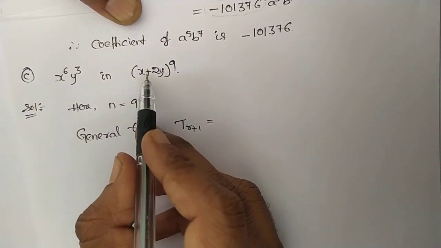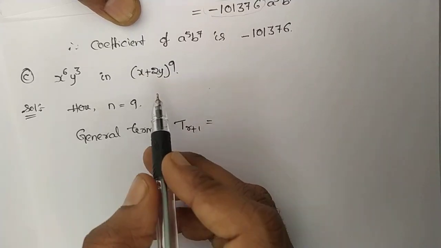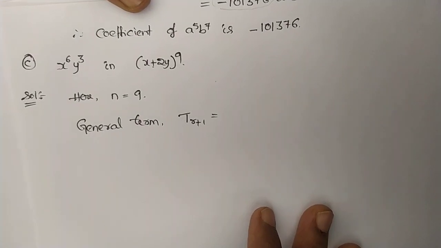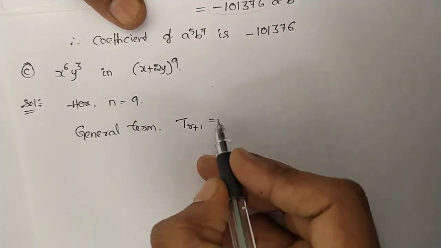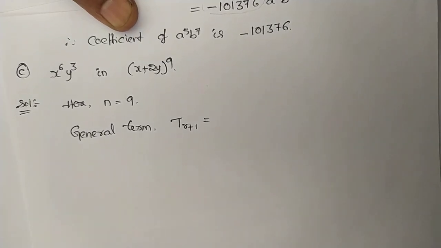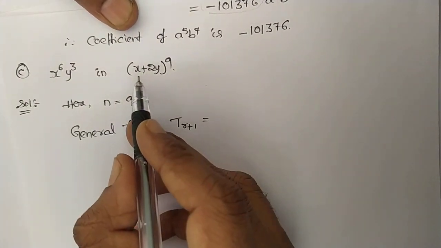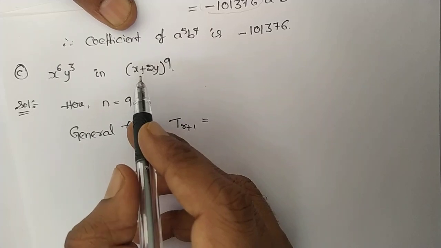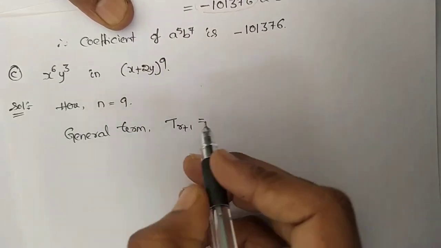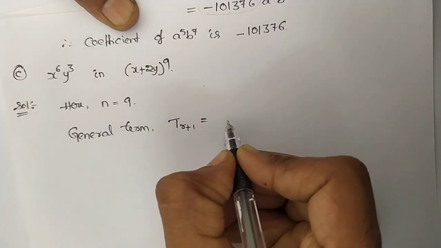If there is a plus sign, we need not write minus 1 whole power r. Minus 1 whole power r will not be there. If there is a minus, minus 1 whole power r will be there. If there is a plus, minus 1 whole power r will not be there. That's it. The remaining things are the same.